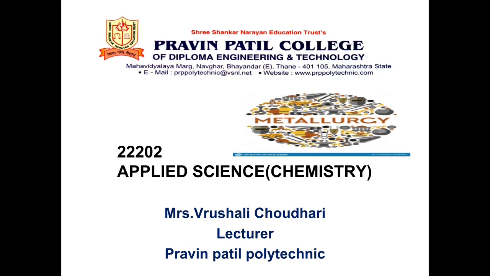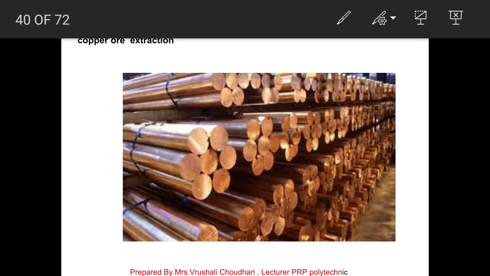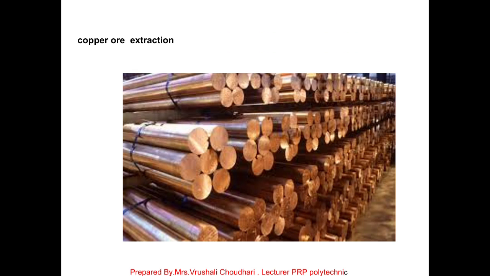We are going to start with Applied Science Chemistry, Chapter 2, Metallurgy. What is metallurgy? The process of extraction of metal from the ore is called metallurgy. We are going to remove impurity, other matter, or the metallic oxide and make it pure metal, that is called metallurgy.